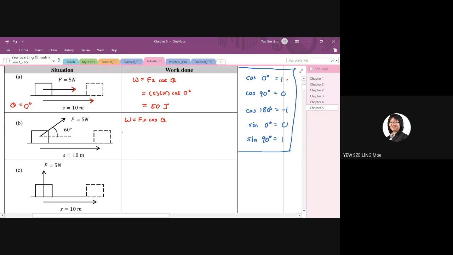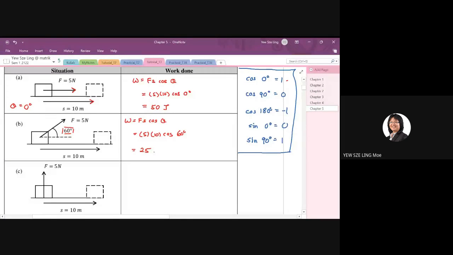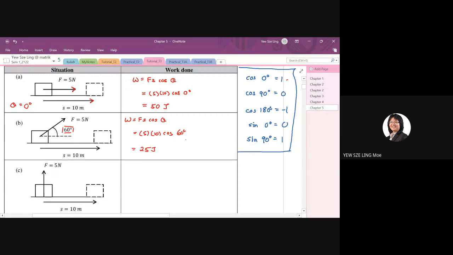Straight away, you substitute F equals 5, S equals 10, and the angle between them, which is 60 degrees here. Cos 60 degrees is 1 over 2, so this gives you 25 joule.